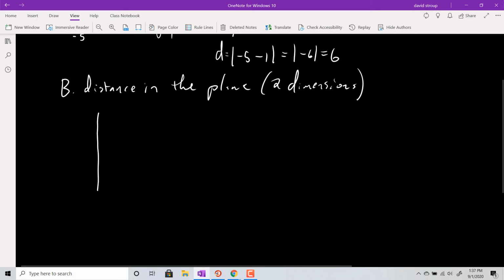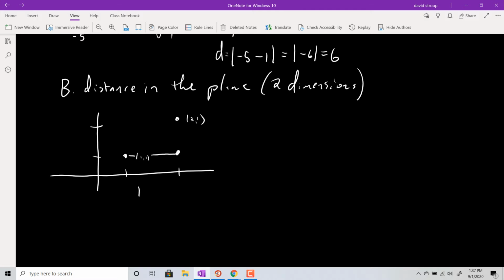We have 2 points in the plane here. We say this is at 1, 1, and then 2, 1. One way to measure the distance is literally just to measure this length, which you could use the absolute values to get.